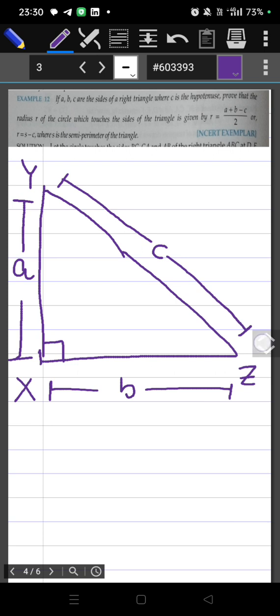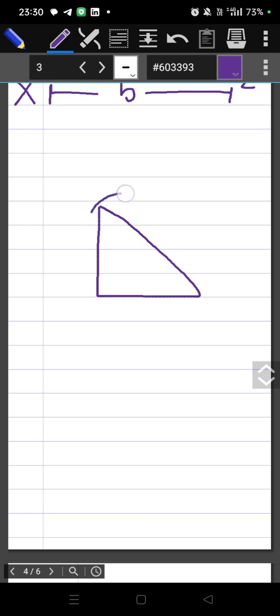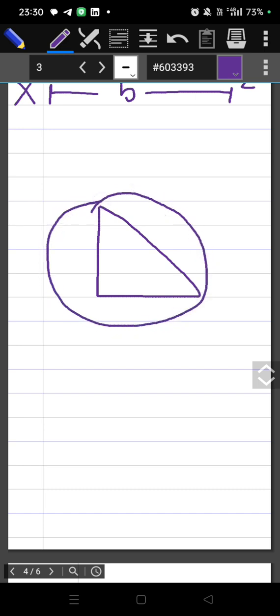Here I want to give one more clarification. Some of the students might be thinking that if the circle touches the triangle, then why can't it be this kind of triangle where the circle is outside of the triangle? But in this case, as we can see, the radius cuts the triangle.